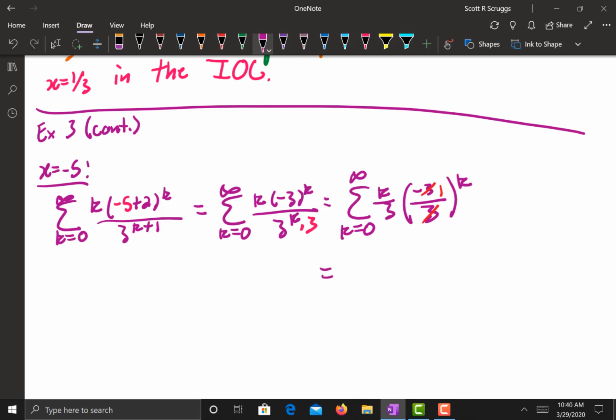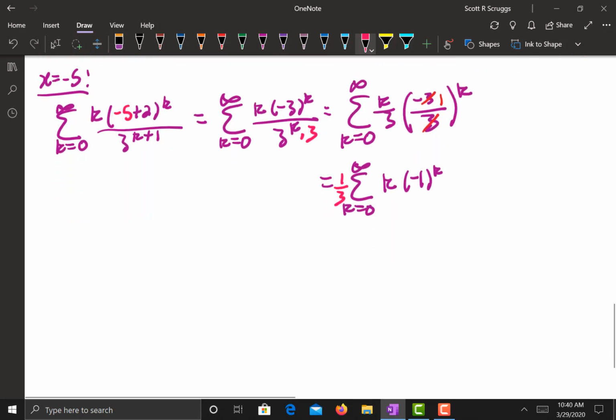That gives me that my overall series, after I plug in the left endpoint, is the sum of (-1) to the k times k, and because 1/3 is just a constant, I move the 1/3 out.